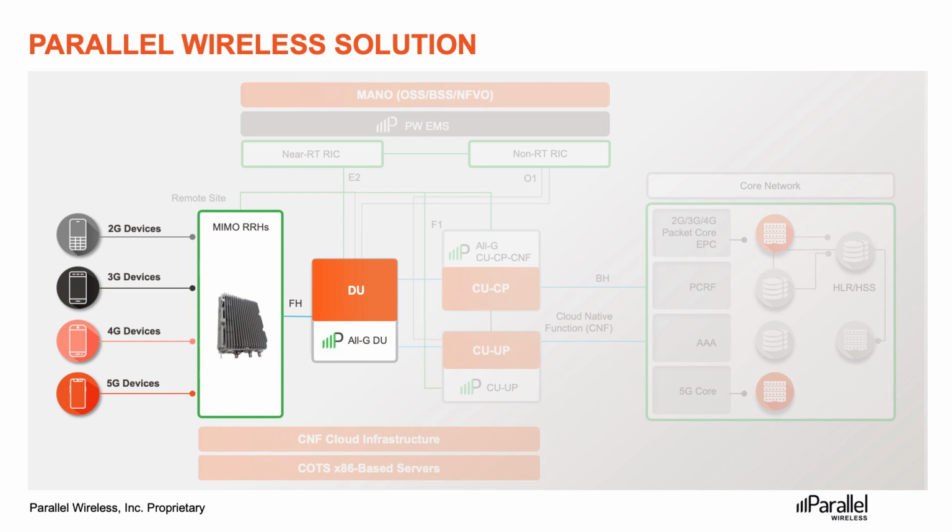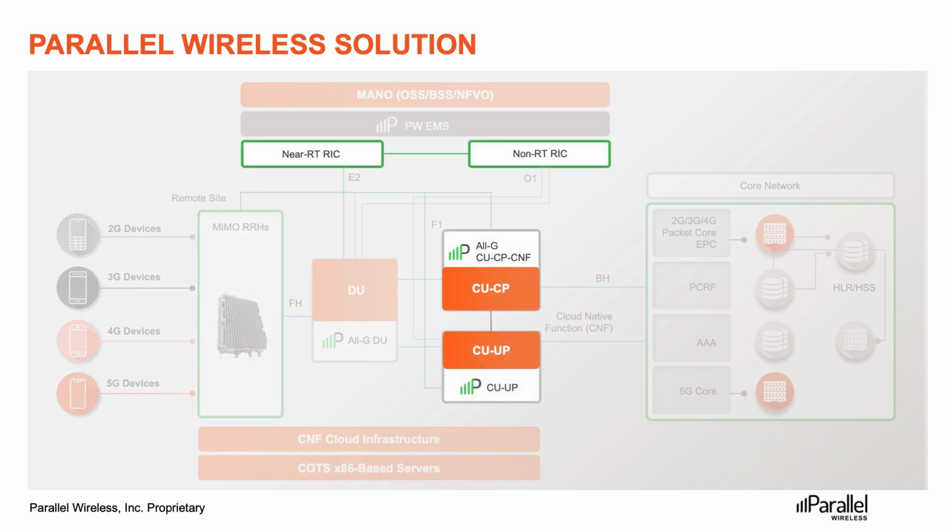These DUs are compatible with multiple x86 hardware vendors, which are part of the Open RAN ecosystem, and can also interconnect with other CUs or RIC functions from other vendors if needed, as long as they are part of the ecosystem again. The same is applicable also for our CU and RIC functions, which are also available from Parallel Wireless.